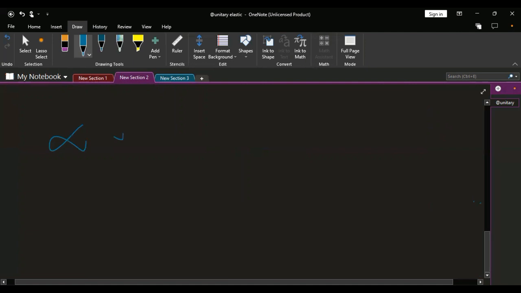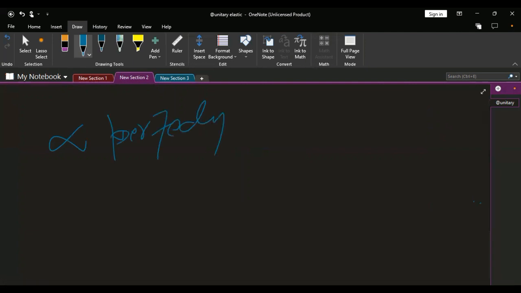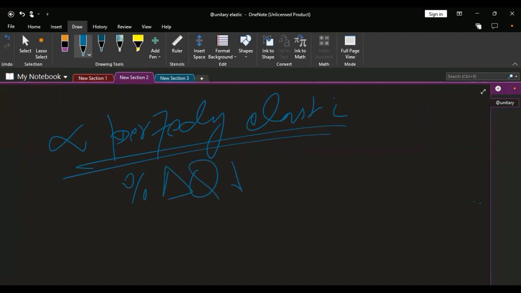Perfectly elastic means the percentage change in quantity demanded is infinitely greater than the percentage change in price.